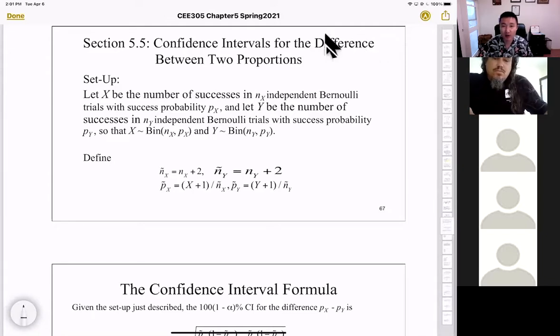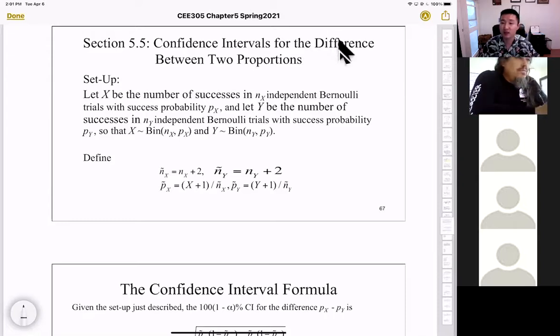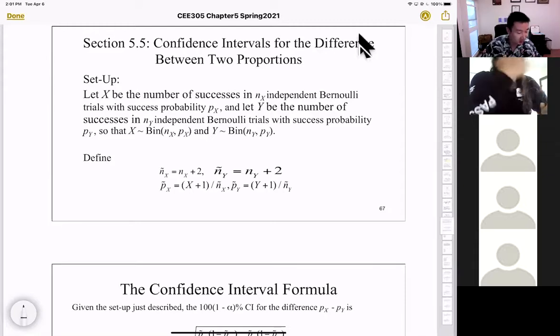So far we have discussed four different situations: confidence interval for a large sample population mean or for proportions, a small sample confidence interval for population mean, and confidence interval for difference between two means. And this section 5.5 will be confidence interval for difference between two proportions.